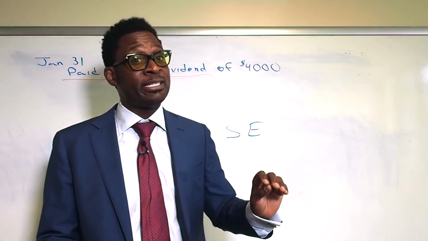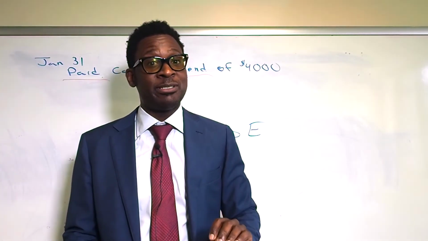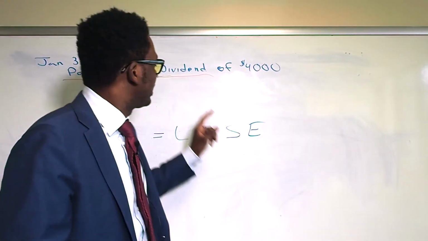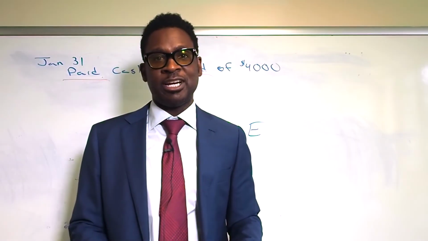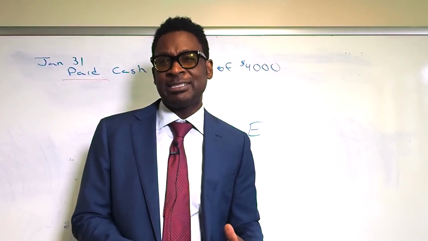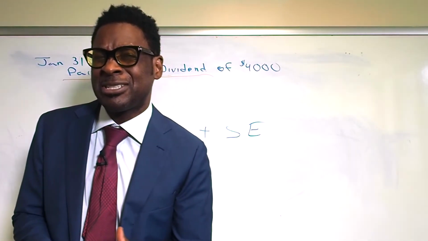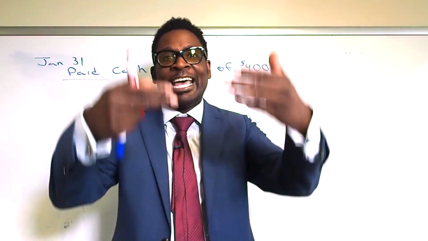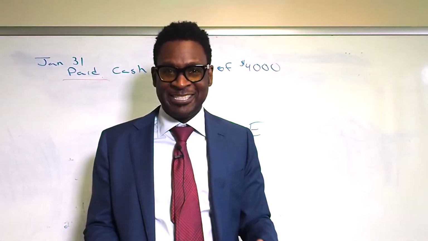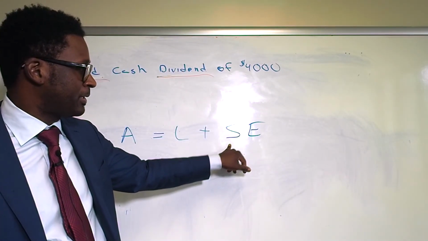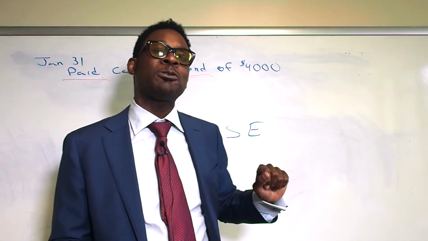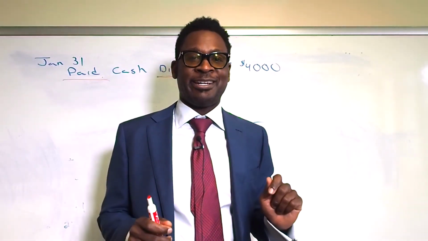We define income as revenues minus expenses. However, dividends is a distribution of income to the shareholders. So anytime a company decides to give income to the shareholders in the form of dividends, it decreases retained earnings. And since retained earnings is a part of stockholders' equity, stockholders' equity must go down as well.